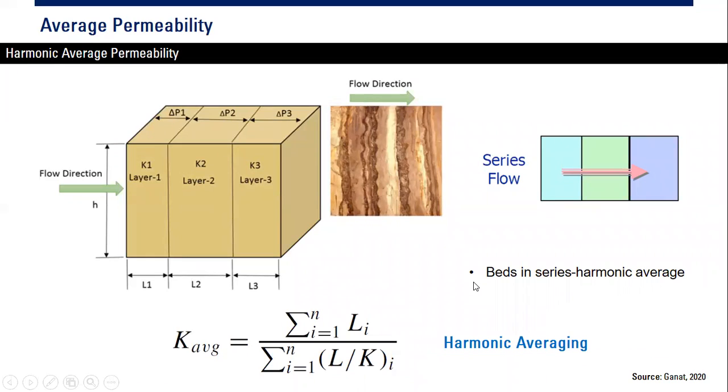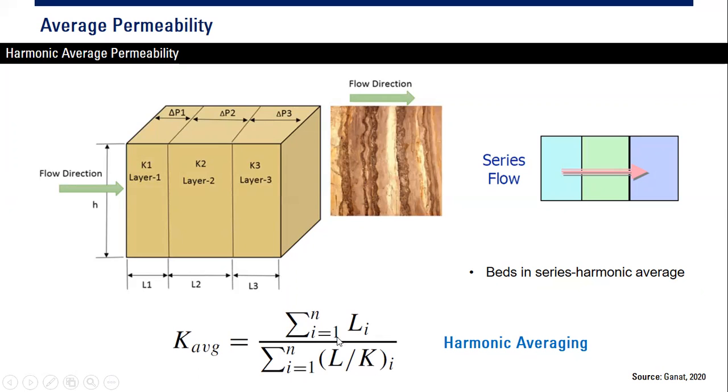And we perform harmonic averaging to get the average permeability. So first we sum all the lengths, L1 plus L2 plus L3, all divided by the summation of L per K for each layer.